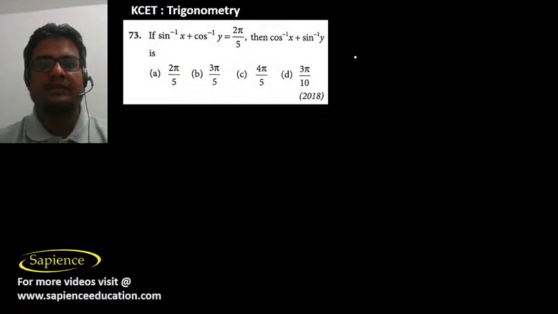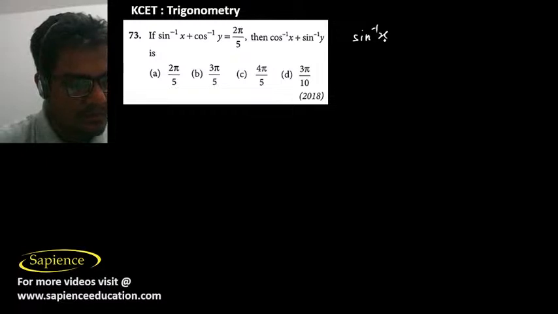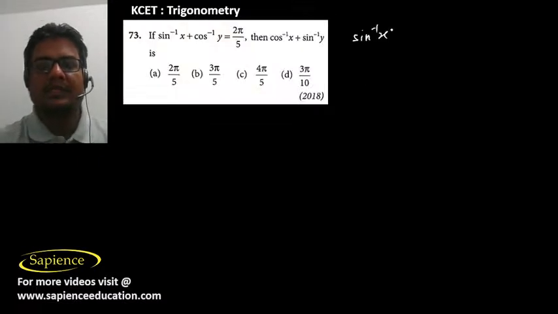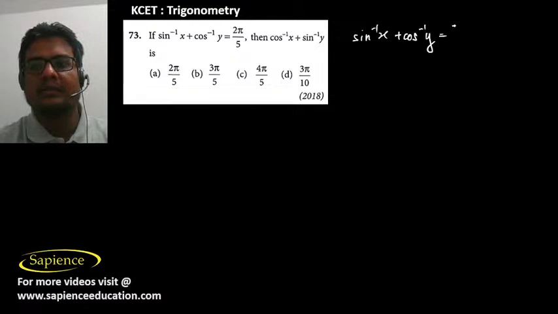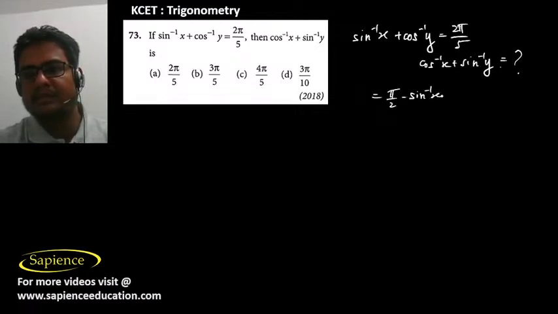Then question number 73. It is told that sine inverse x plus cos inverse y is equal to 2 pi by 5. Then we have to find the value of cos inverse x plus sine inverse y. Now cos inverse x we can write as pi by 2 minus sine inverse x, and sine inverse y will be pi by 2 minus cos inverse y.